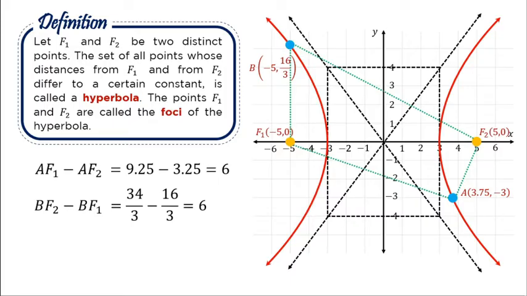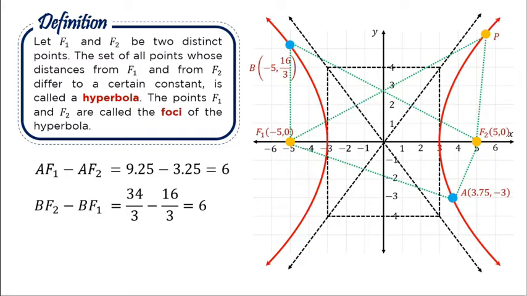There are also other points P on the hyperbola such that the difference of the distances of that point from f sub 1 and from f sub 2 is equal to 6. Take note that the point could be located on the right curve of the hyperbola, or on the left curve.